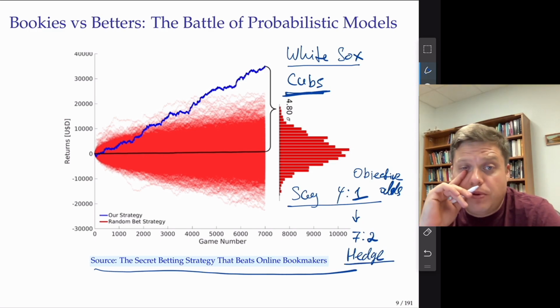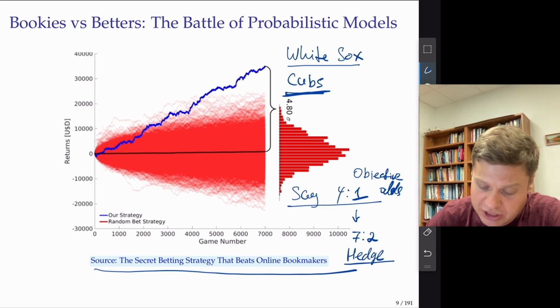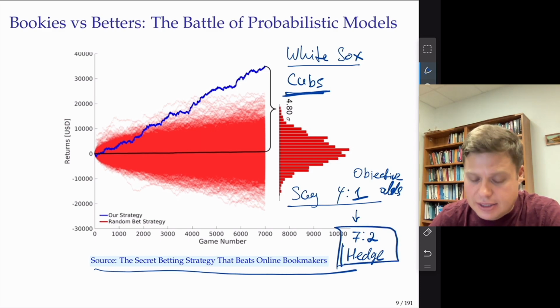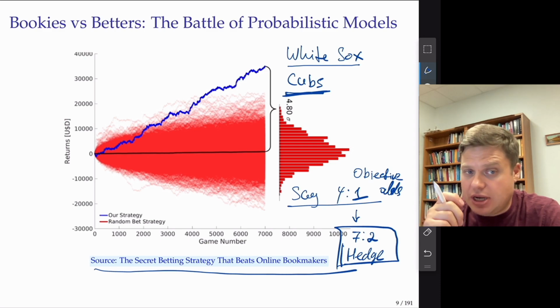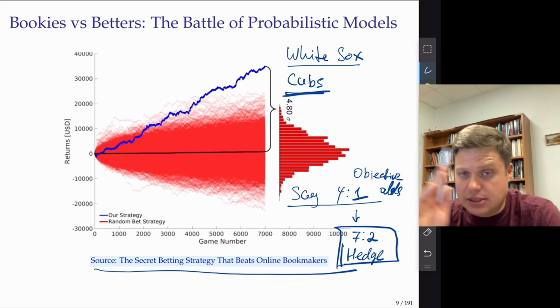And what this group of guys did, they would look for those situations when the hedging strategy was applied to the betting odds. And the way they identify a bookie that applied this hedging adjustment is they look at all the betting odds and then they take an average.